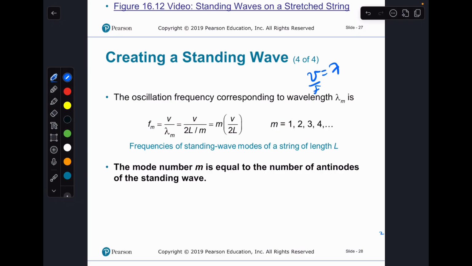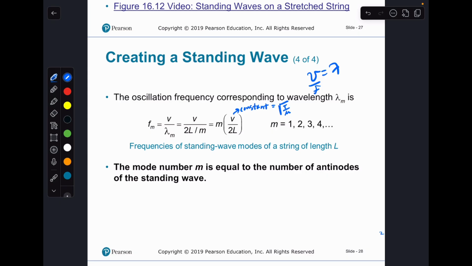Remember, the velocity is constant, right? The velocity is a constant. And what is it given by for a wave on a string? The tension over the mass per unit length. So we can express the frequency, by substitution, as v over lambda.